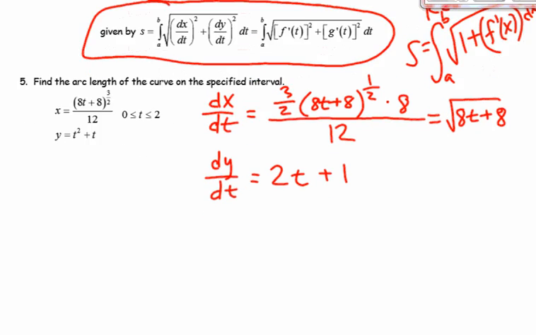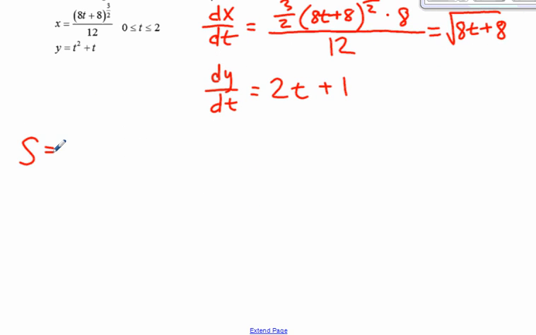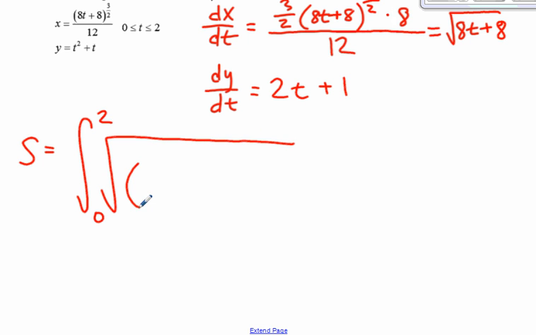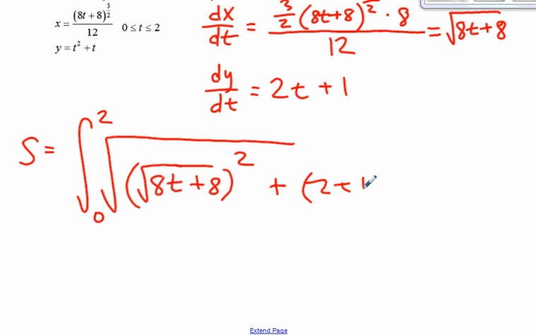All right, so now to find the arc length formula, again, we use s to denote the arc length. We're going to take the integral from our values for the limits, which do need to be t values, and they are. So t is from 0 to 2 of the square root of dx/dt squared, which, yes, I am going to write it out just so you can see it in your notes, but obviously the square root of (8t plus 8) squared will just be 8t plus 8, plus (2t plus 1) squared dt.